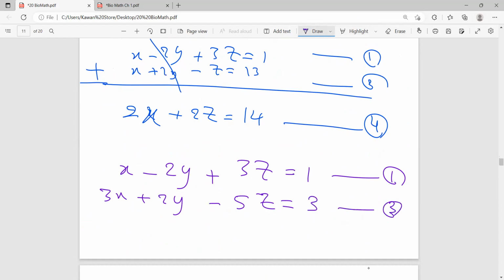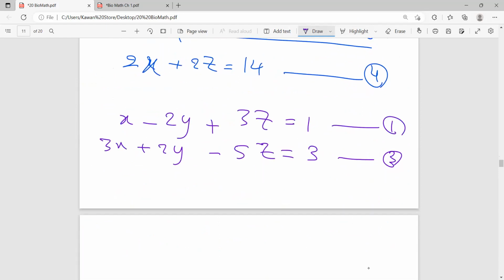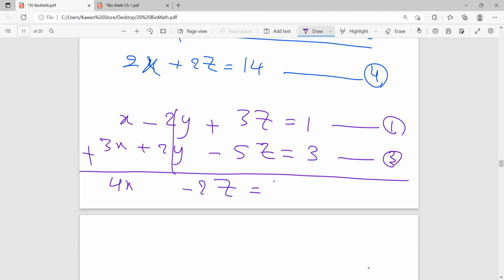Good. Now I'm going to add or subtract, up to you. Maybe here y is not ready to eliminate. So make it ready by multiplying by anything that you like. It should be x and z alone. So I'm going to add them again. 4x plus 2z equals 4.